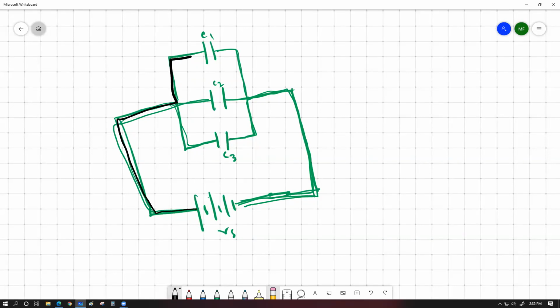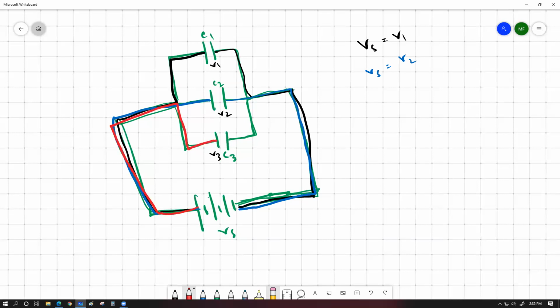Then you can consider one loop to the top branch. So you can consider this one as a closed loop. If you consider this much as a closed loop, you're going to get Vs equals to V1. Let's say this is the voltage V1, this is V2, and let's say this one's voltage is V3. And then if you consider the second loop, second path, consider this one exclusively, then you also get a closed loop like this, which also gives you Vs equals to V2. Likewise, if you consider the third path, this also happens the same way.